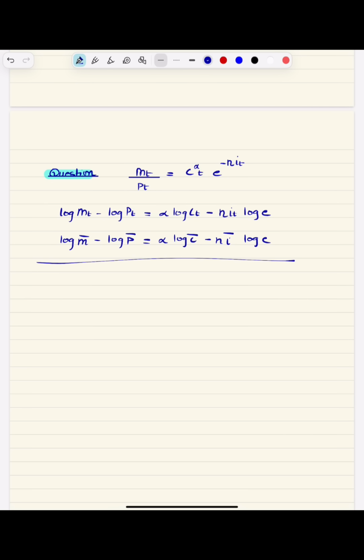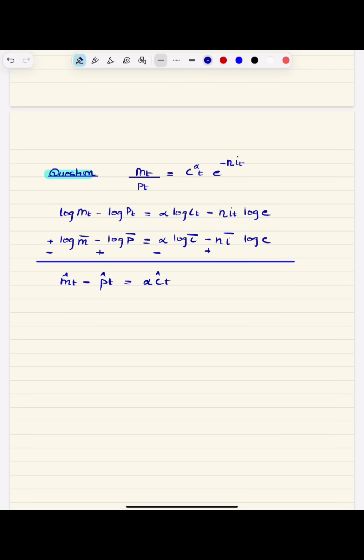Okay, and then when we subtract the second from the first, we'll get m hat t over here minus p hat t over there. Alpha can be taken out as common, and we'll have c hat t there.